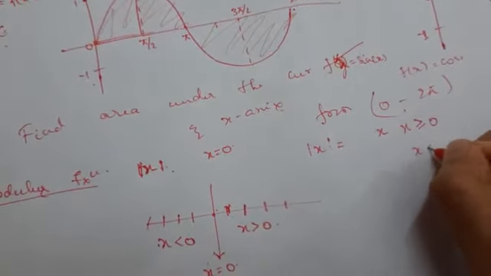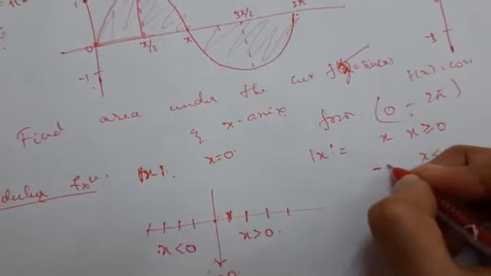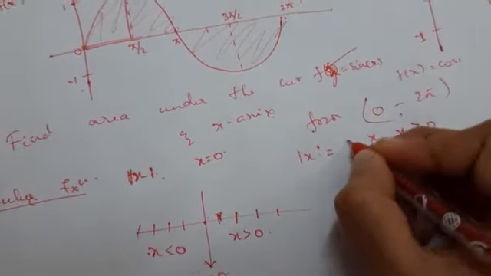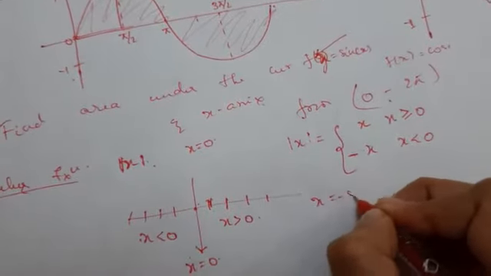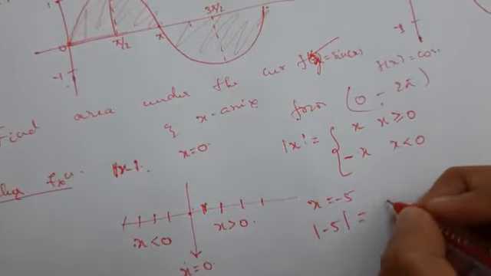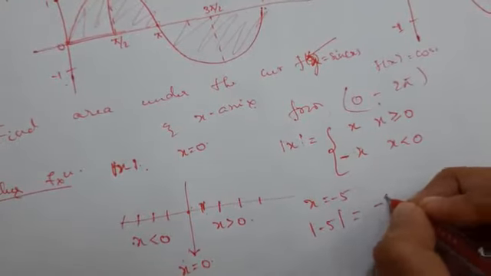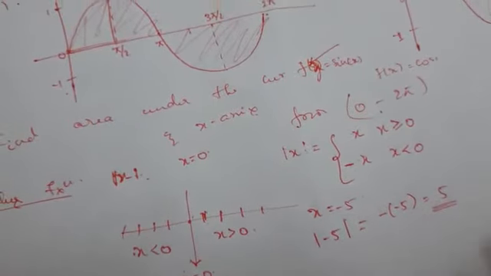When we have a value less than 0, it gives one minus sign and makes it a positive sign. For example, if we have x is equal to minus 5, then mod of minus 5, how are we going to write it? Mod of minus 5 is minus of minus 5, which becomes plus 5. So this is how it will be.